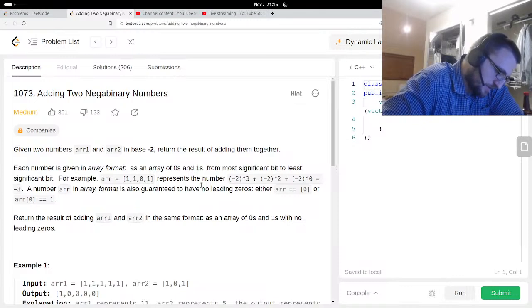I don't know. Let's do 1, 1, 0, 1 with 1. Right? And Negabinary. So that gives me 1, 0, 0. It should be a 0. And now I'm carrying over this -1. And I'm not sure what goes there.